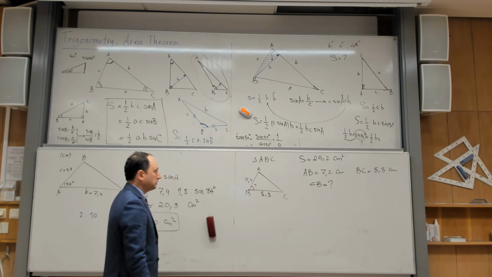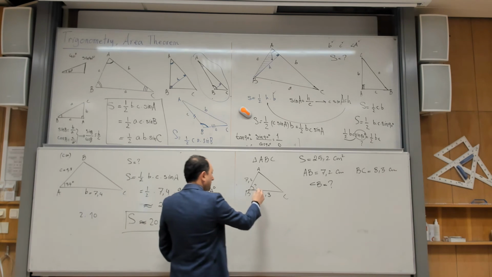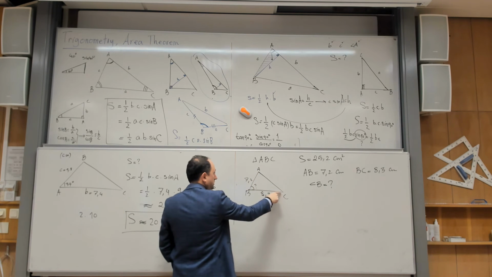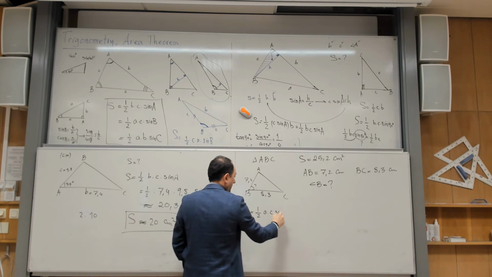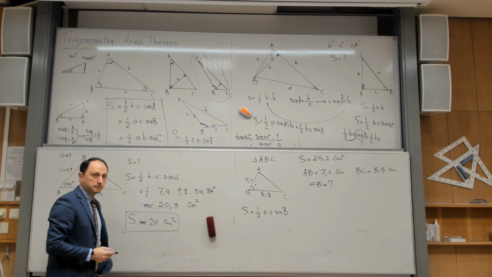It's very simple, because you have a formula for the area. So area is equal to, in this case, the opposite side is A, the opposite side is C. So let me write 1 over 2 A times C sine of the angle between them, which is sine of B. This is the formula.